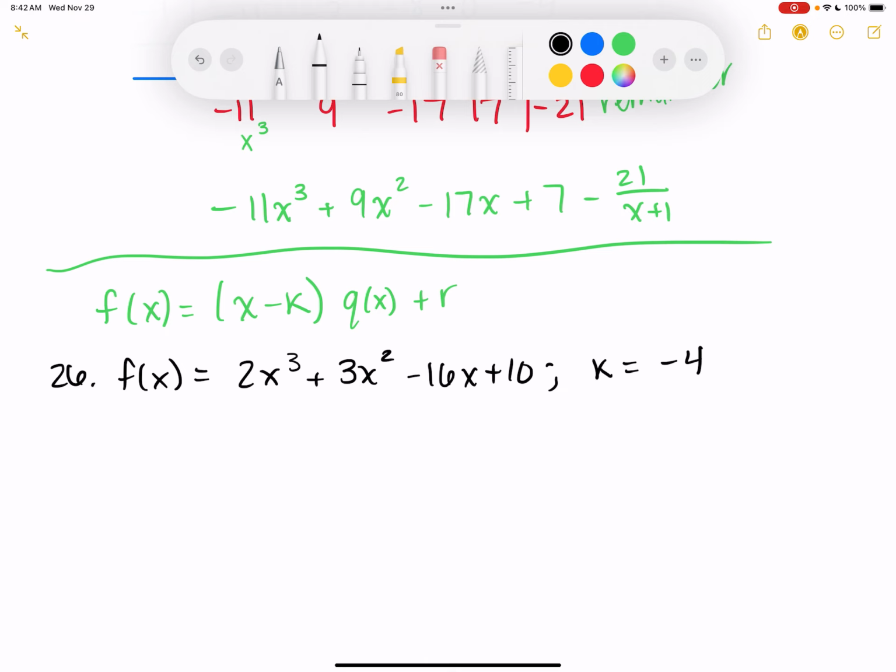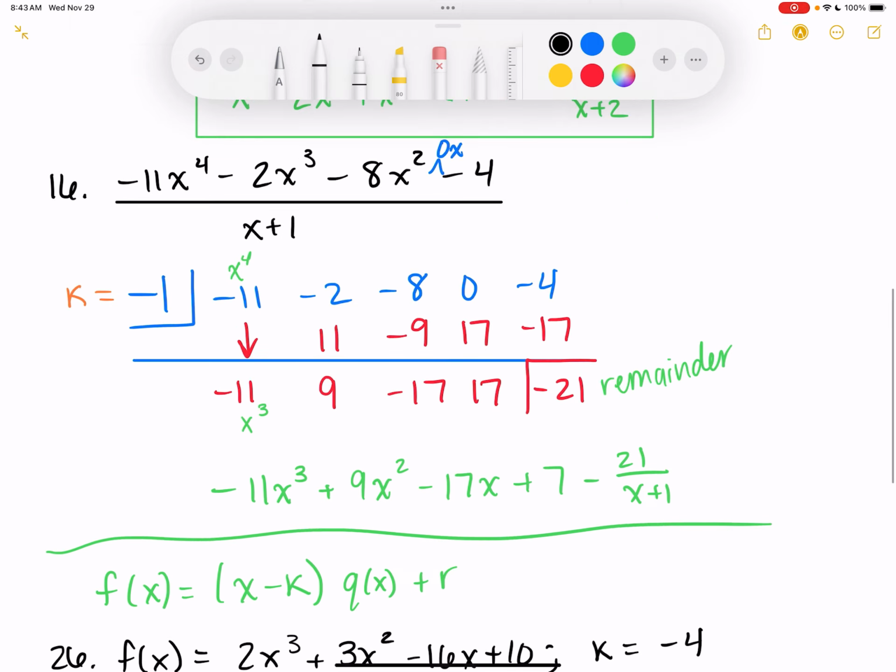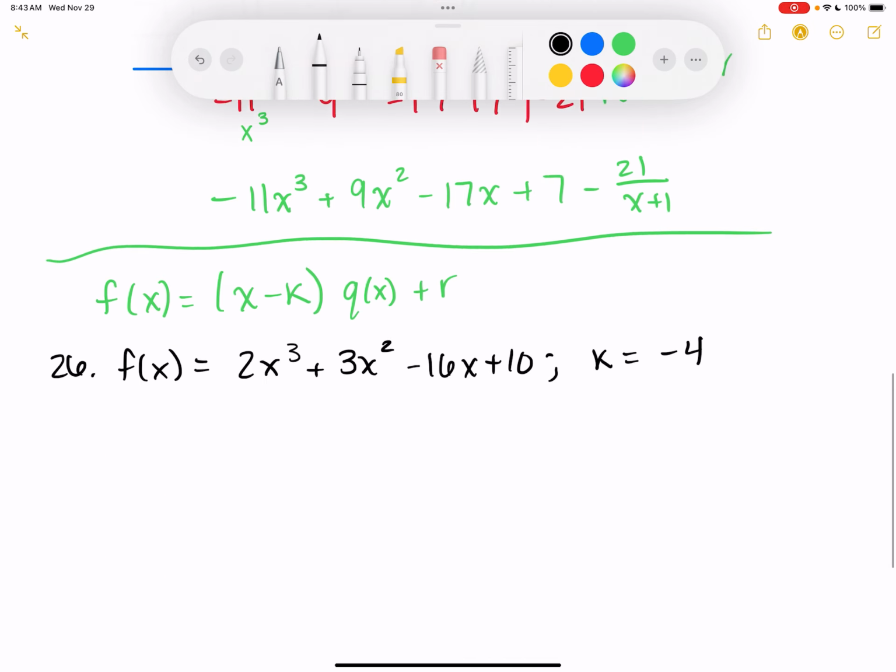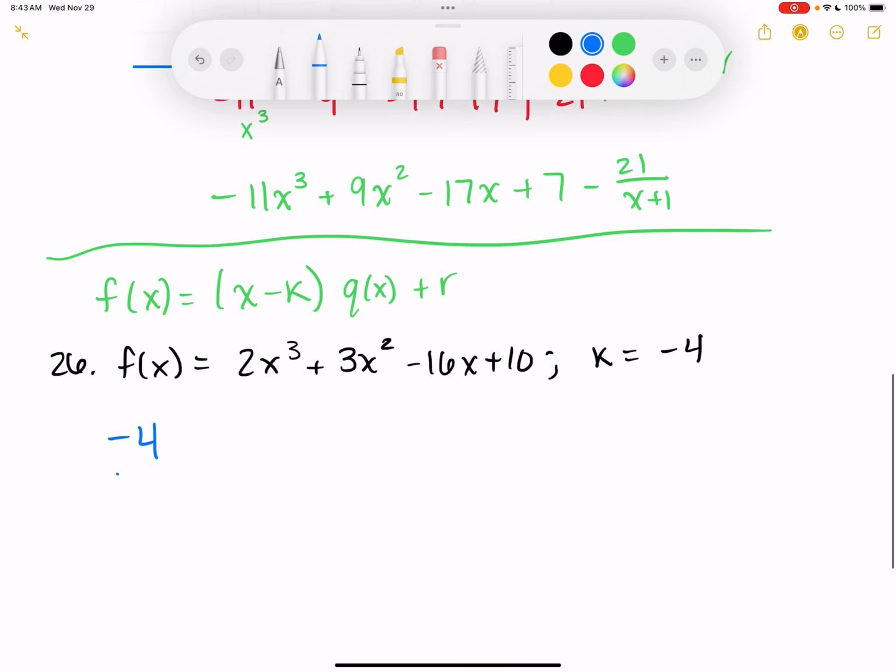So now they give it to us a little differently. They give it to us as k is equal to negative 4. That means this number gets plugged in exactly. So if they tell you what k is, we plug it in exactly. If it's given to you the other way, we have to change the sign. So we have negative 4 going in the box.